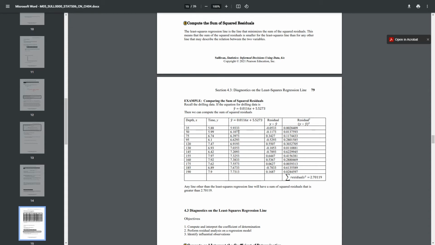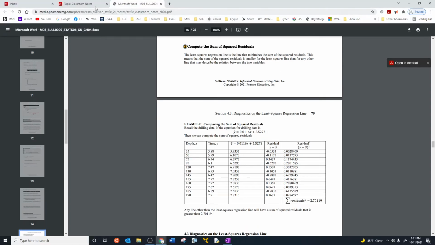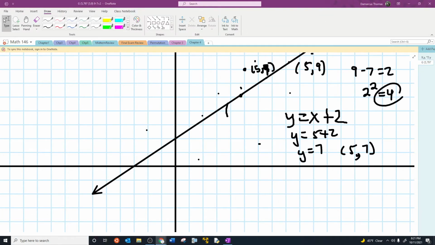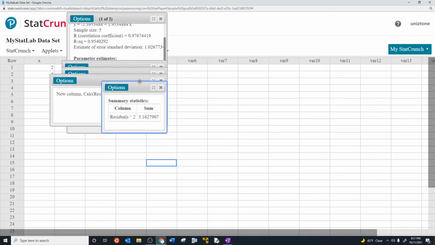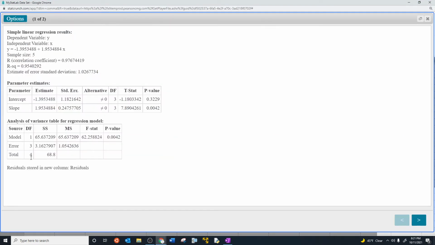I did demonstrate how to do this using StatCrunch. Notice that in StatCrunch, the sum of squared residuals turned out to be right here. That's the one you need to be aware of. The other line didn't really matter.